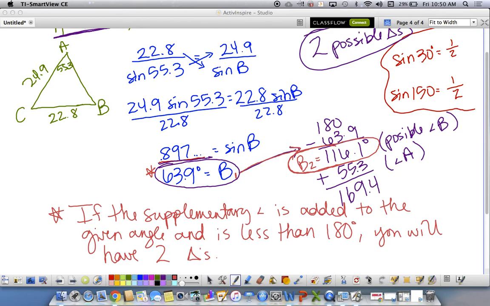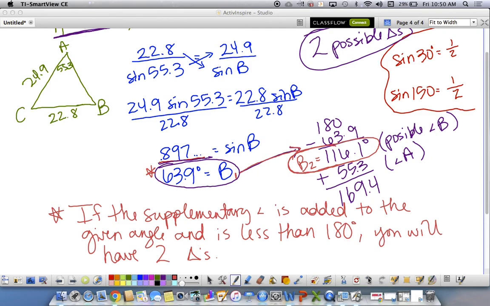So now we're going to have a B1 and a B2. And guess what? We're going to have a C1 and a C2, angles and sides. So we will have to solve both triangles, okay?